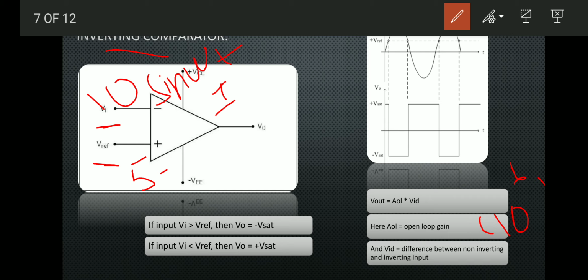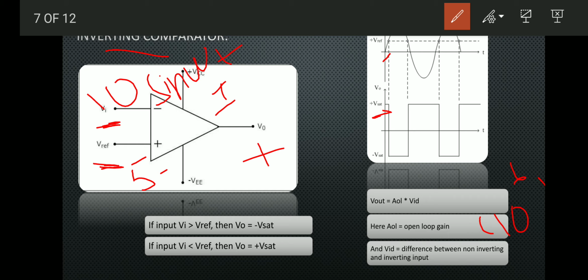In such a case, whenever the input is less than the V reference, the VID would be positive, so that the output would be plus V sat, as I explained in the non-inverting case. As you can see, at the initial condition, until the input gets equal to the V reference, the output would be plus V sat.